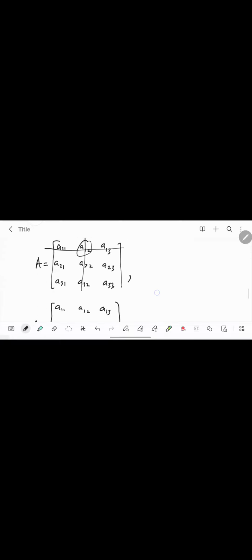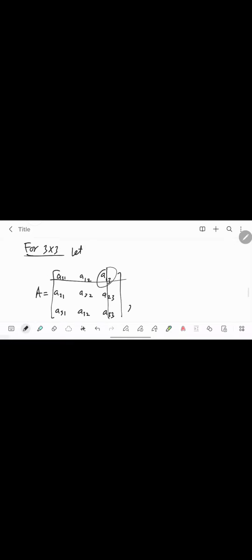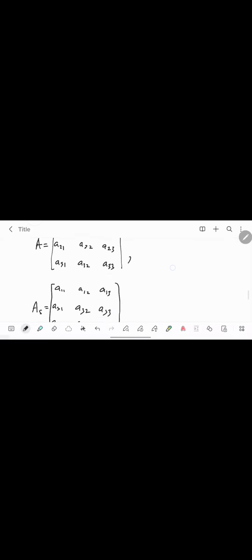Then minus 1 to the power 1 plus 3, the last one. If I skip this, I will have a21, a22, a31, a32. Make sense? So I am done with the determinant of this.